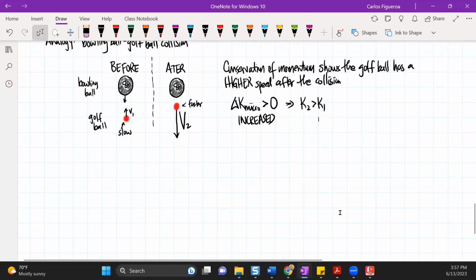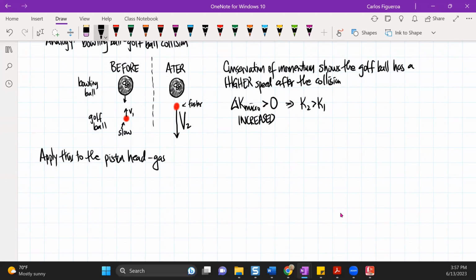Now let's apply this to the piston head gas collision. The situation is identical. So why is it identical?